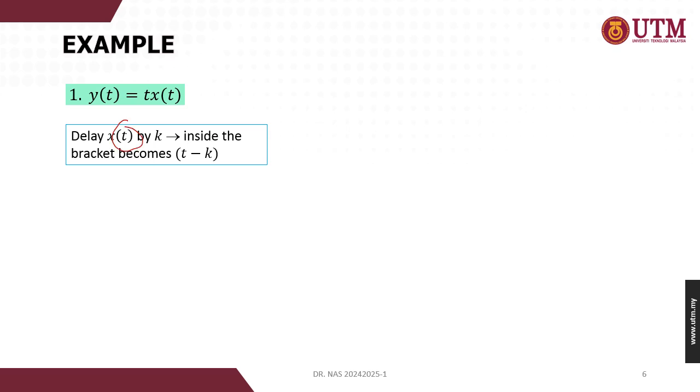So y(t) delayed by k: no changes on t because t is outside the bracket and does not belong to the input signal. Only x inside the bracket is delayed by k. So this is the first equation.